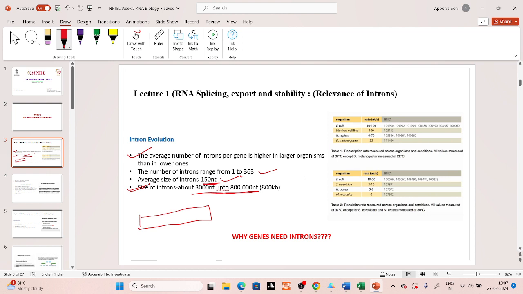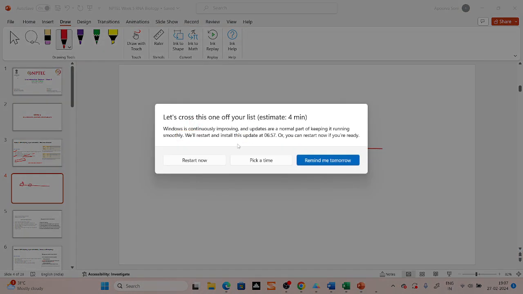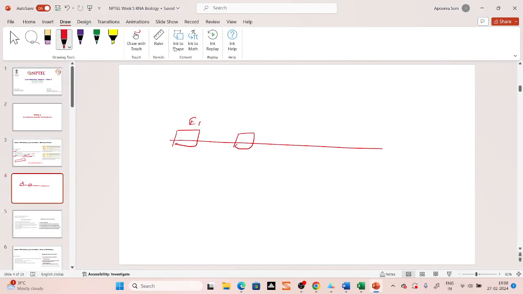If this is your gene, this is your exon 1, just a minute, yeah, this is your exon 2, this is your exon 3, and this is your exon 4, and the portions in between are introns.